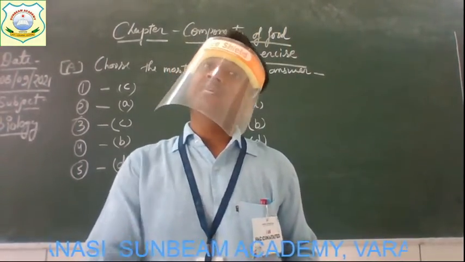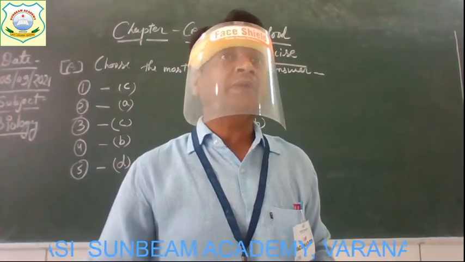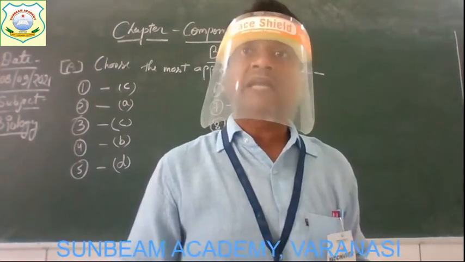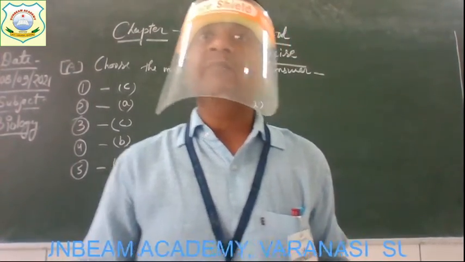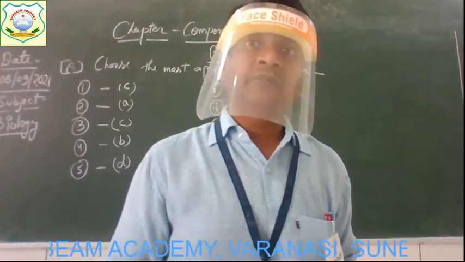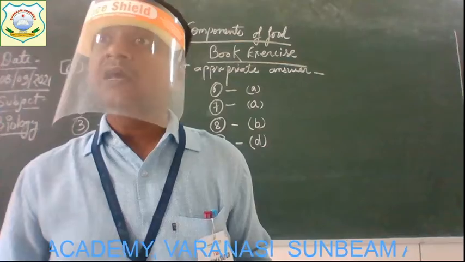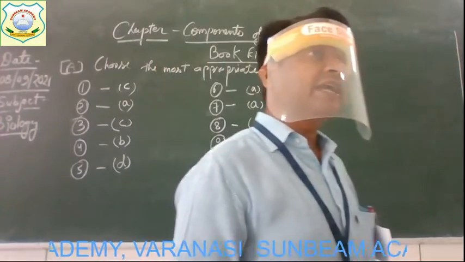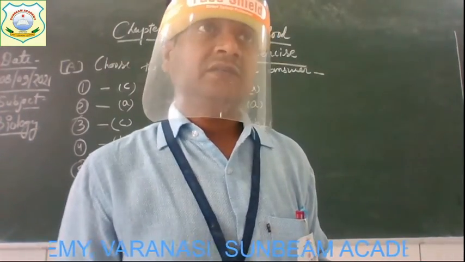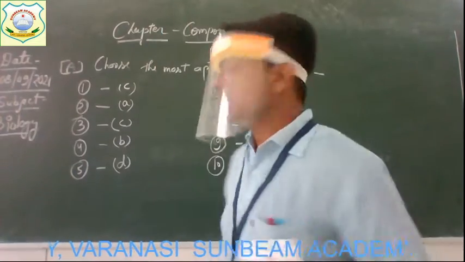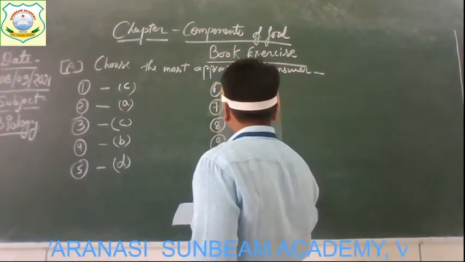Yes. So if all these nutrients are not present in proper amount in our diet, a child may suffer from marasmus. So we must take proper protein, proper carbohydrates, and proper fats. So the correct answer will be D.